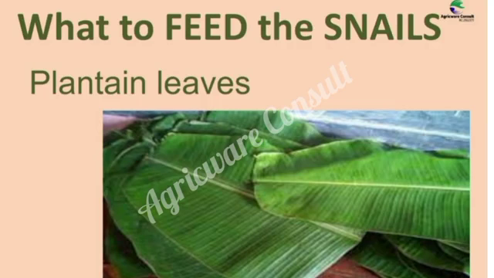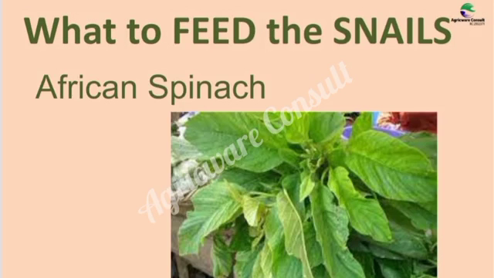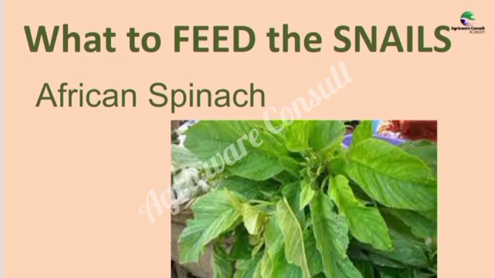The second thing you can present to your snail is African spinach, and this leaf is a vegetable. It is edible to humans, and it is a source of vitamins.